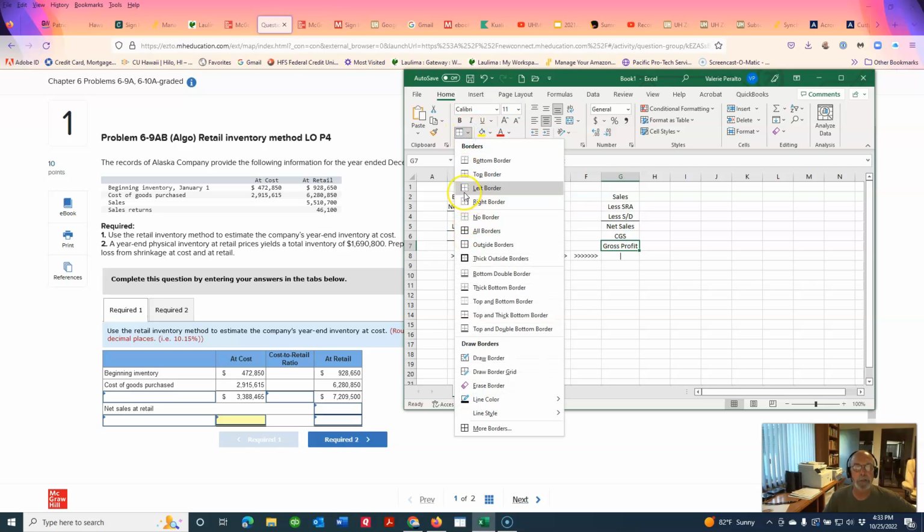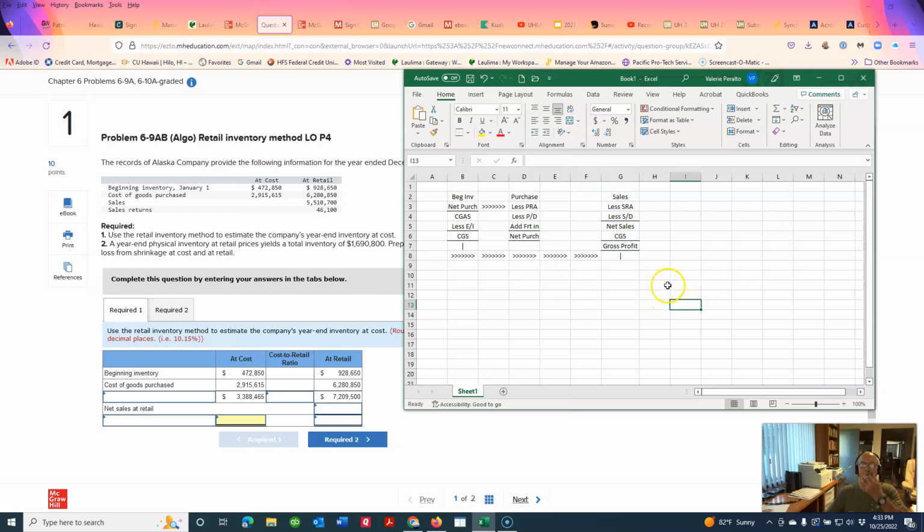That's our basic inventory equation. Our beginning inventory plus our net purchases, what we added to inventory, gives us the cost of all the goods we have available to sell. Then at the end of the accounting period, if we count up our inventory and subtract what we had left from what we had available to sell, the difference is the cost of what we sold.